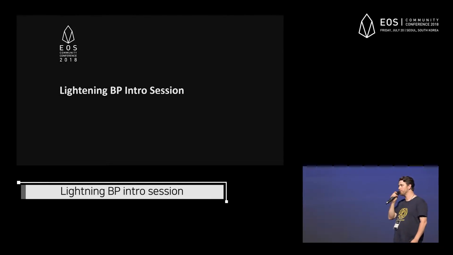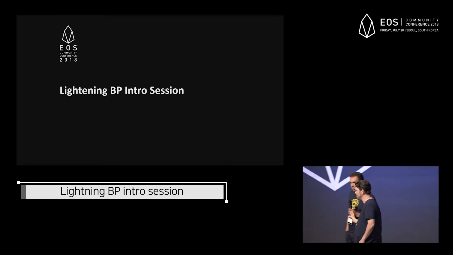Yeah, and we're putting a big push towards education with EOStutorials.com, among other projects that will be released in the next 30 to 45 days. So hopefully you guys will vote for us here in Korea and get us into a block production role so we can continue to build tools and add value to the ecosystem. Thanks, guys. Thank you.